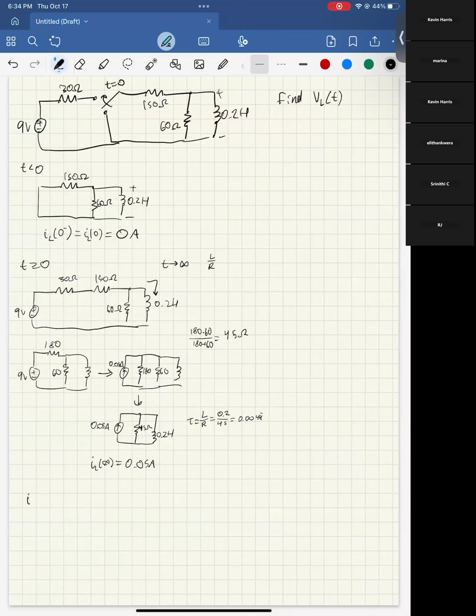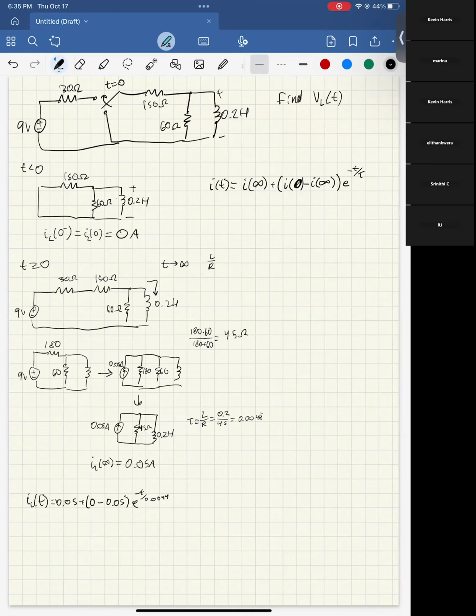So now we can write IL of t equals that IL of infinity, 0.05, plus our 0 minus 0.05 e to the negative t over 0.0044.